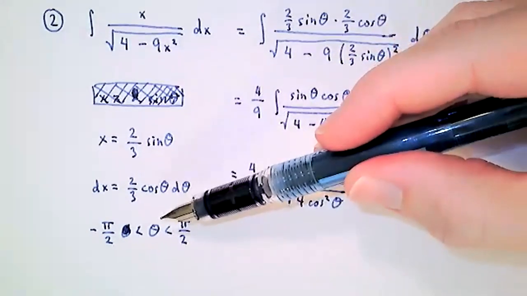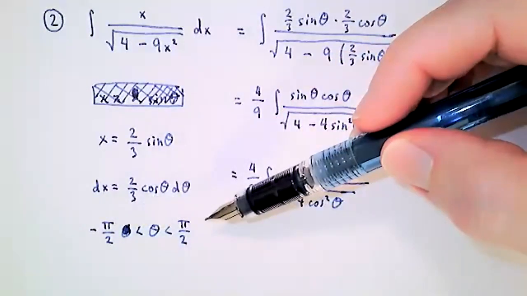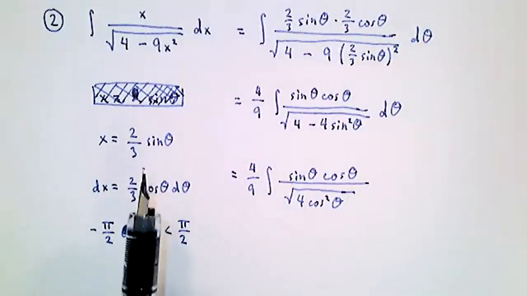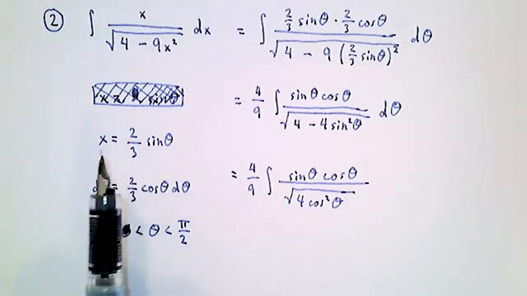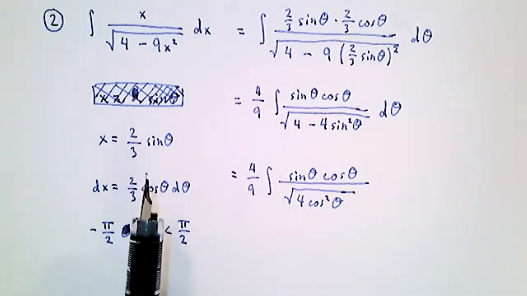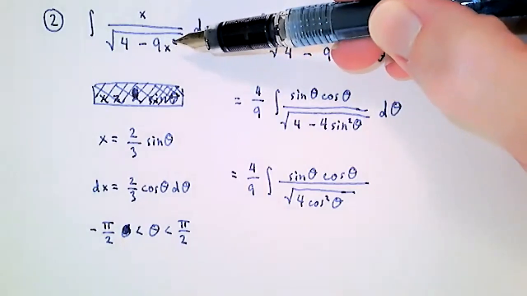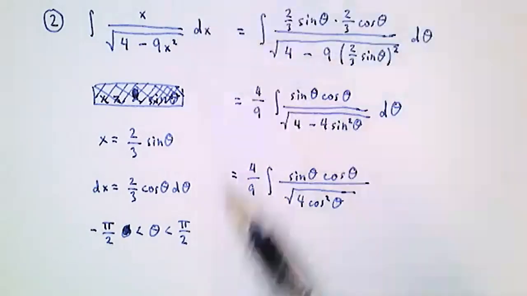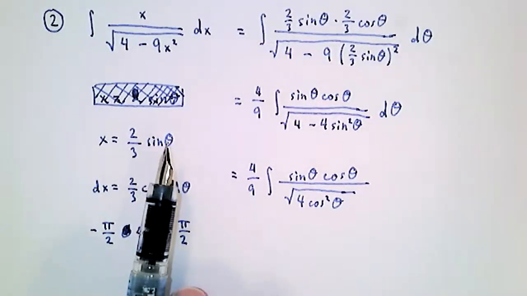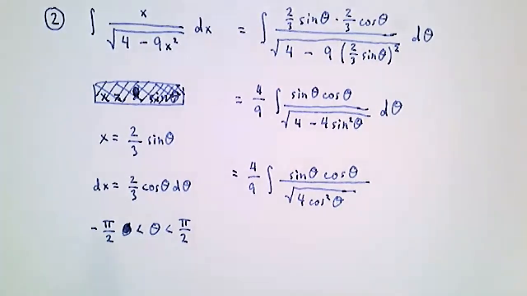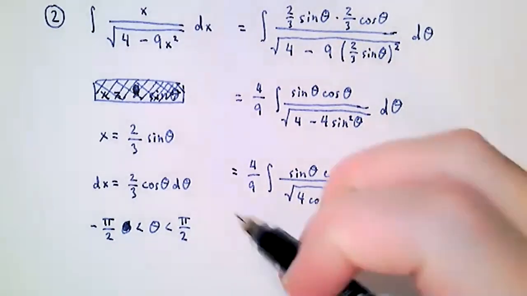Really, we need to think about restricting theta between minus pi over 2 and positive pi over 2, same as the last time, in fact, because we want to make sure that we get all the possible values of x, but we don't have to repeat those values. So thinking about what x can be here, and remembering that as you go around the unit circle, you repeat values of sine and cosine. That's why we made this little restriction. Again, not something I expect you to worry about on the homework.